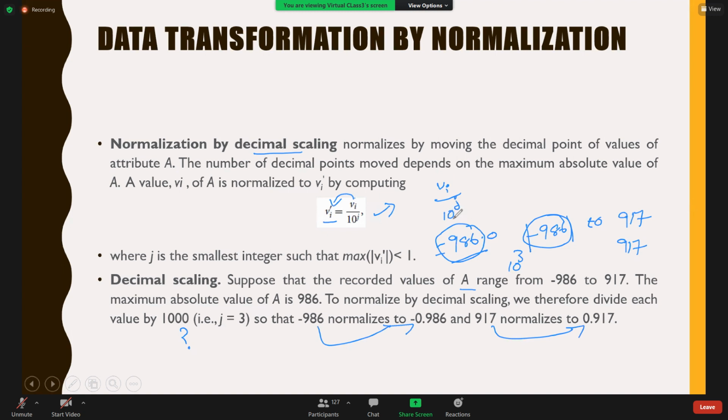What is the j here? j is the smallest integer such that the maximum of the resultant value is less than 1. So what is the maximum of Vi dash here? The maximum of Vi dash is the maximum of minus 0.986.